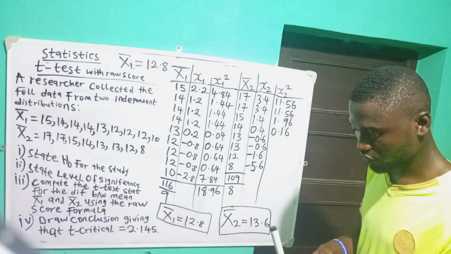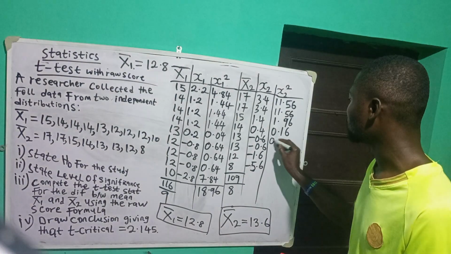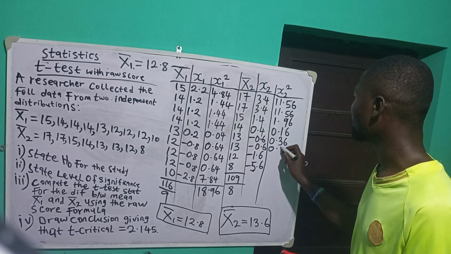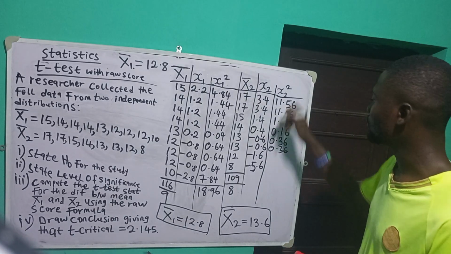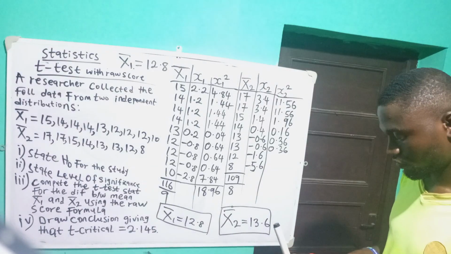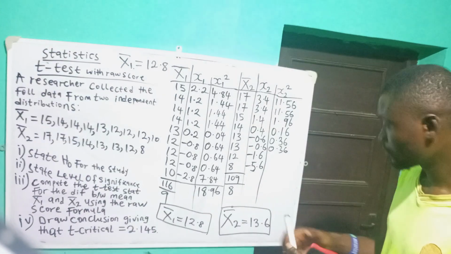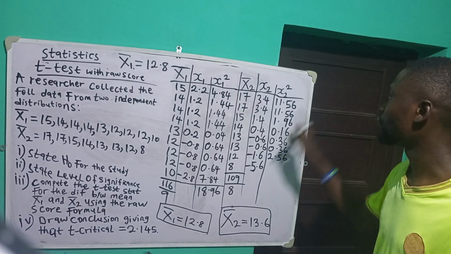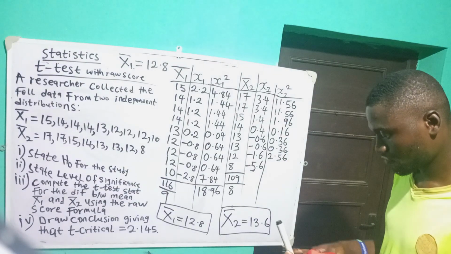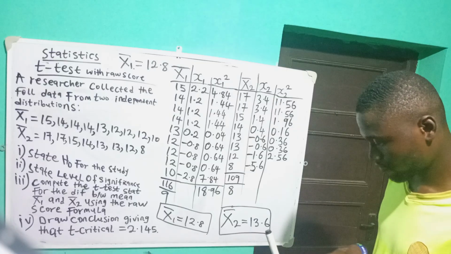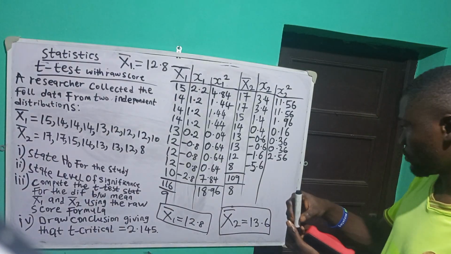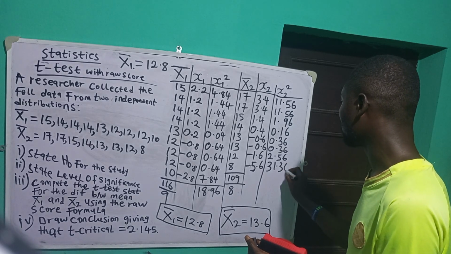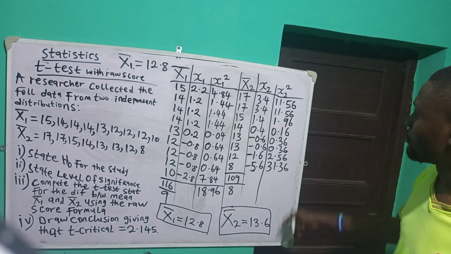So 0.6 raised to the power of 2 is 0.36. 0.6 raised to the power of 2 is still 0.36. 1.6 raised to the power of 2 is 2.56. Then 5.6 raised to the power of 2 you are going to get 31.36.